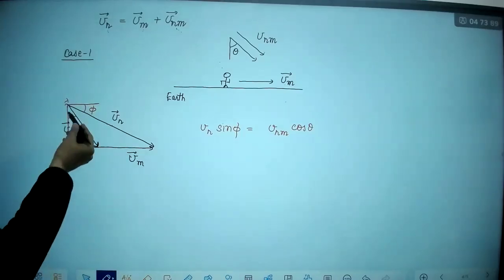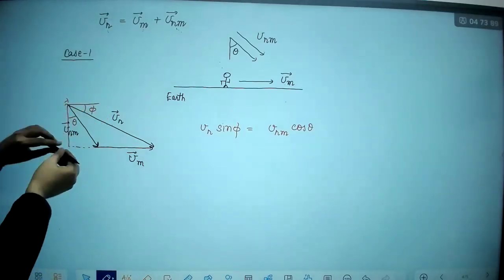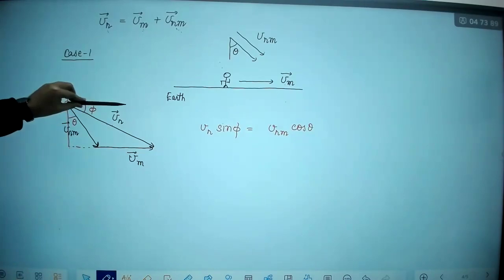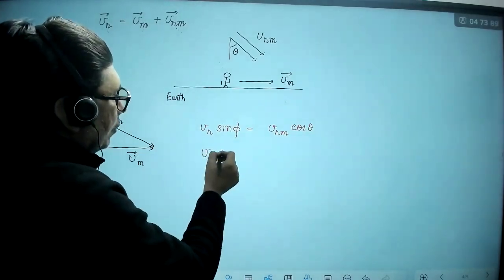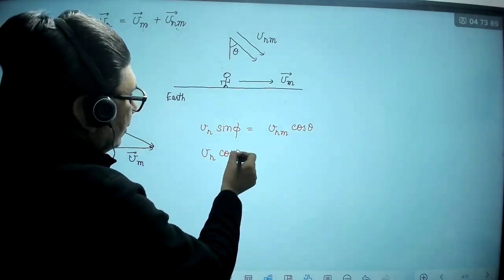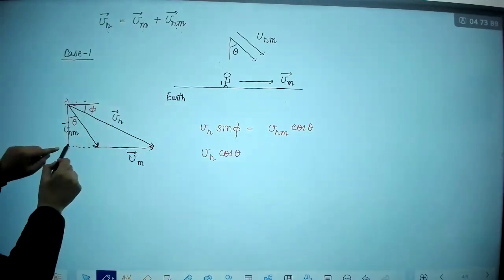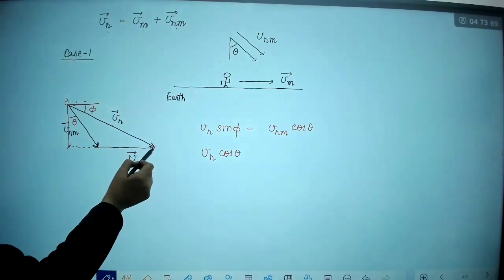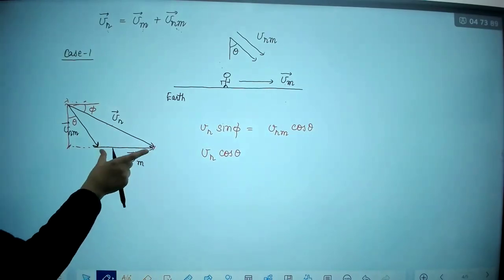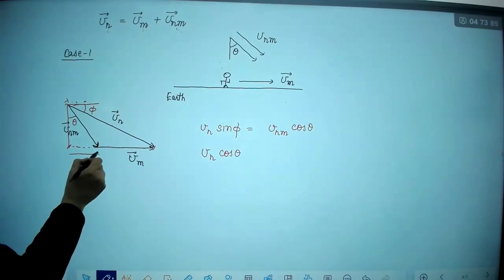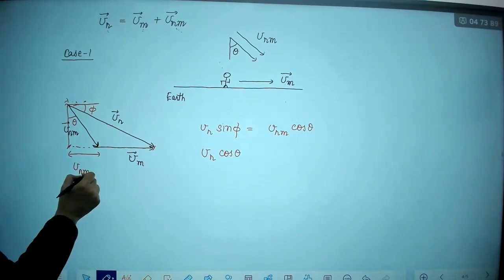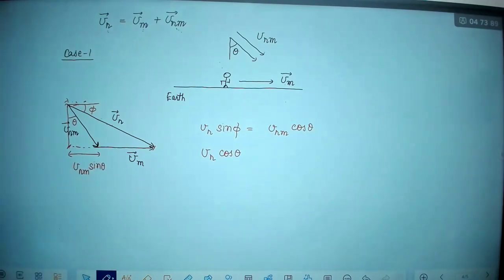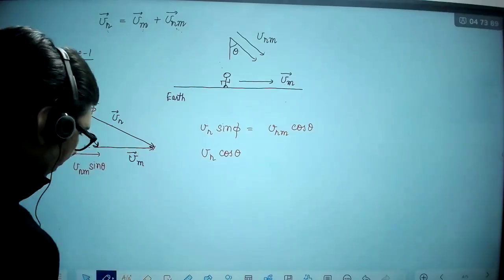Second, resolve this vector VR like this. This is VR cos phi. So VR cos phi will be from here to here. How much will it be? This is VM plus this, which will be VRM sin theta.